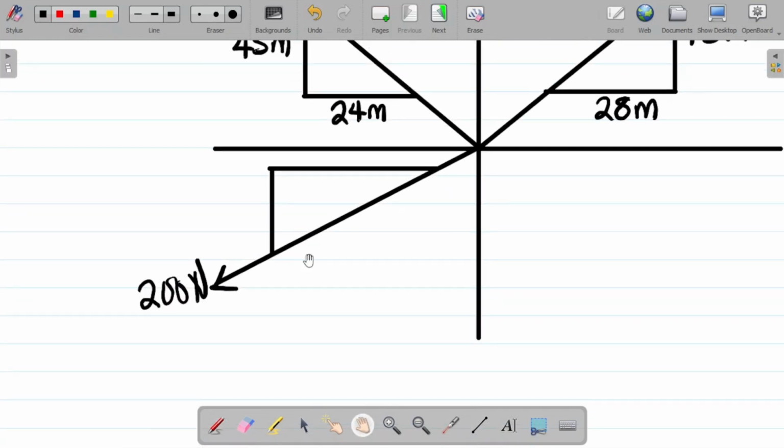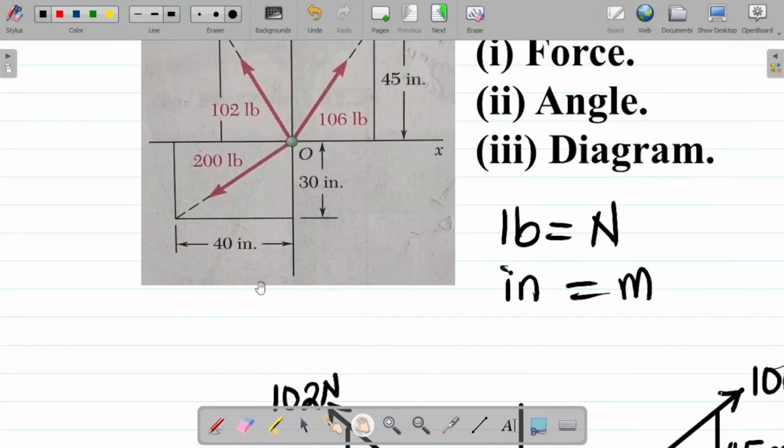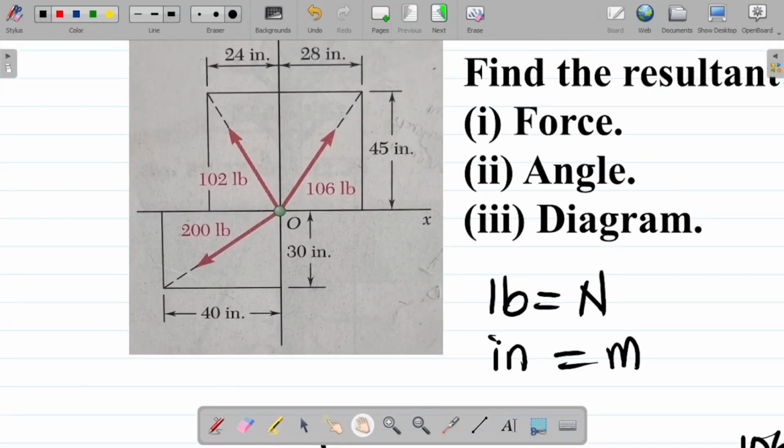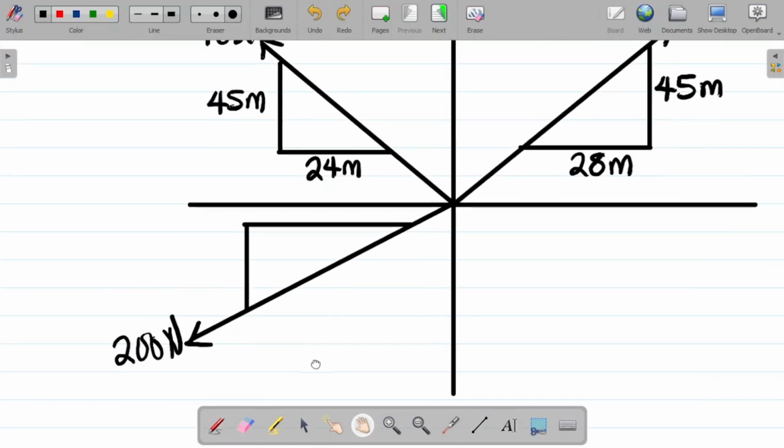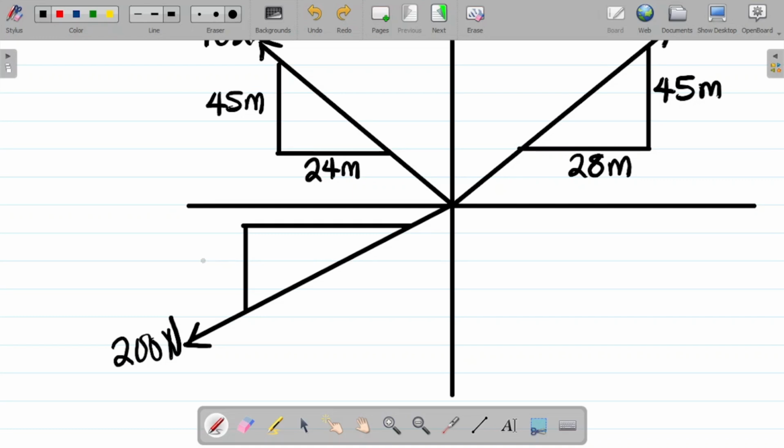All right, let's look at the last one, the 200 Newton force. This part, from here to here, is given as 30 inches, or 30 meters. That's the vertical aspect of it. Where else do we have?